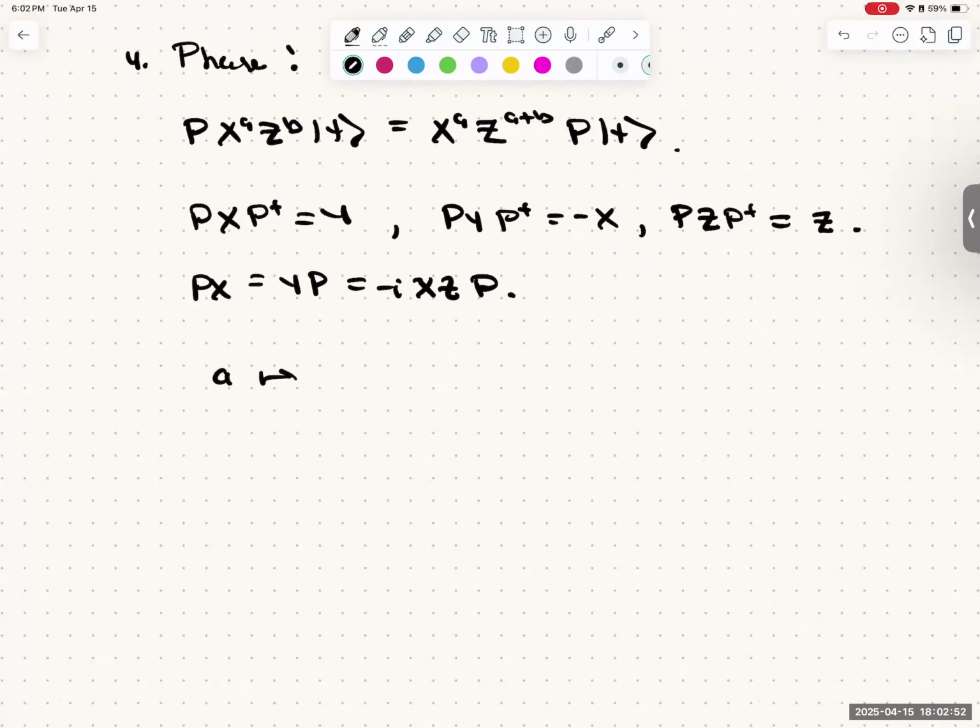So I again have another easy rule: A goes to A, and B, you have that this thing is Z plus i B.